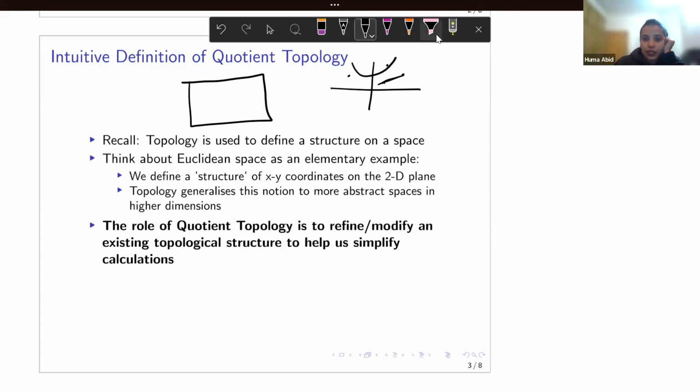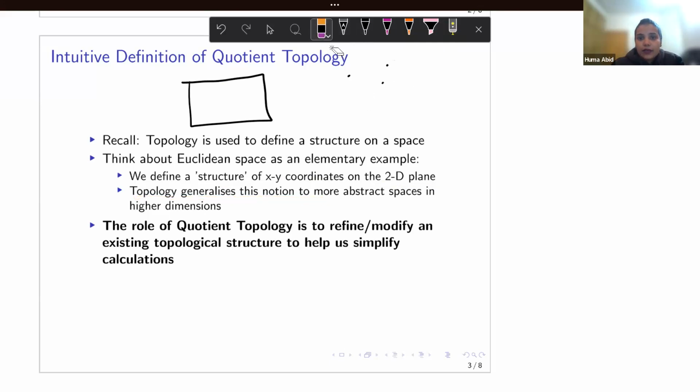But if you define a structure on it based on some notion of distance or closeness, then you can do a lot of mathematics on it, as you must have done during your high school courses. What topology does is it generalizes this notion to more abstract spaces.